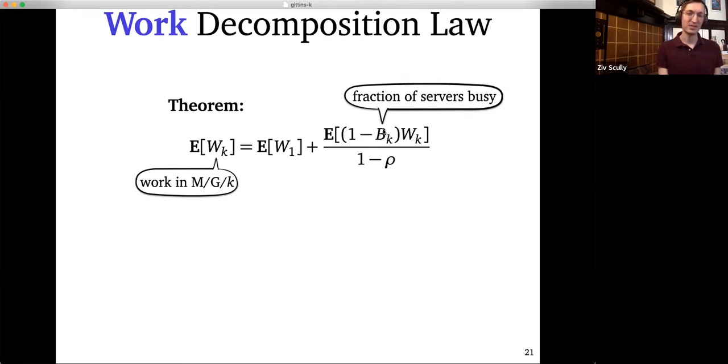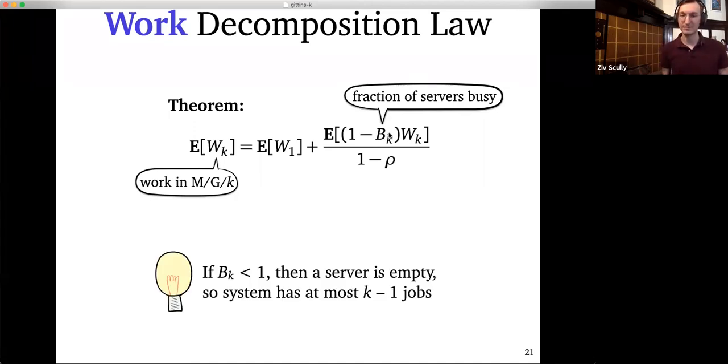And so if some server is idle, if BK is less than 1, that means there's some empty server. And if there's some empty server, then we have at most K minus 1 jobs, which means that if this whole product is non-zero, then WK is the work of at most K minus 1 jobs.